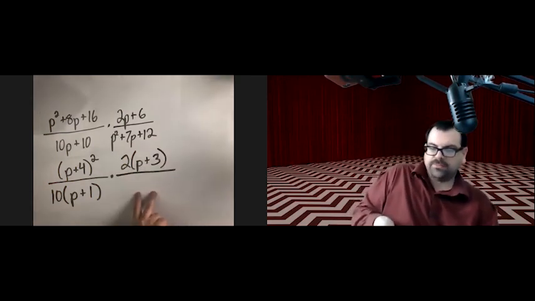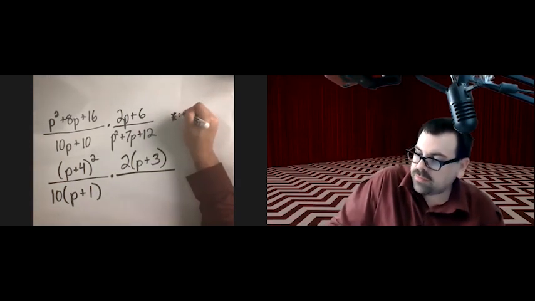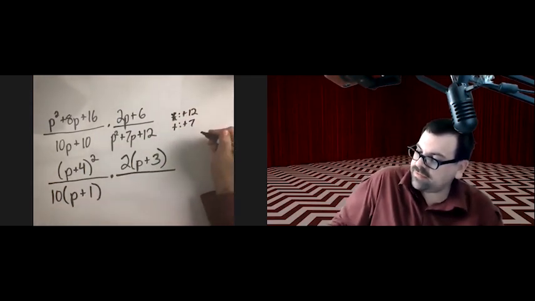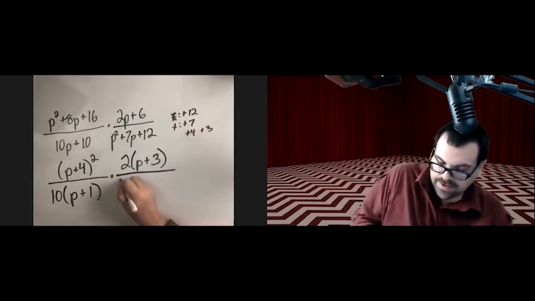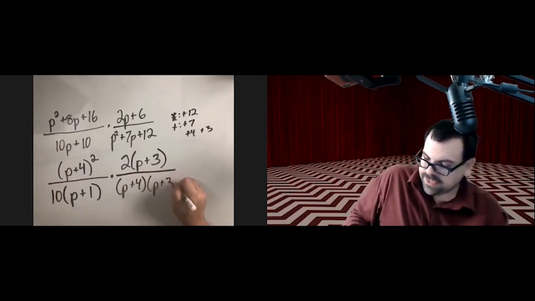Down here, bottom right, we need two numbers that multiply to give positive 12 and add to give positive 7. This is plus 4 and plus 3. p plus 4 times p plus 3.